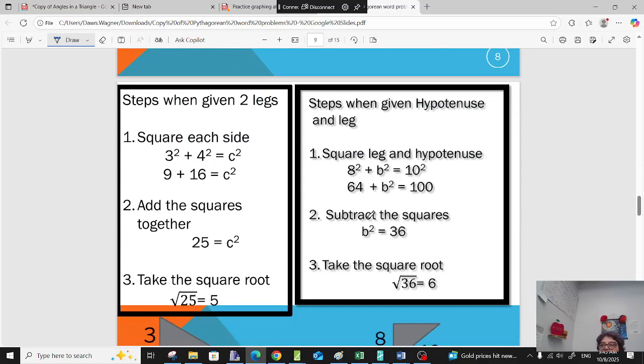Okay, so summarize. When you're given the 2 legs of a triangle, the ones that make the corner, you add the squares, take the square root. If you are given a leg and a hypotenuse and you're looking for another leg, you square, but you end up subtracting instead of adding, and then taking the square root, right?